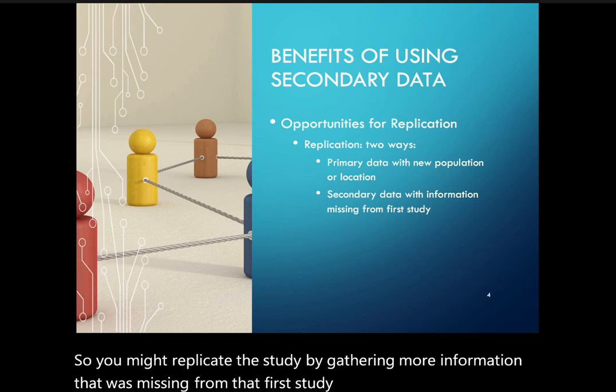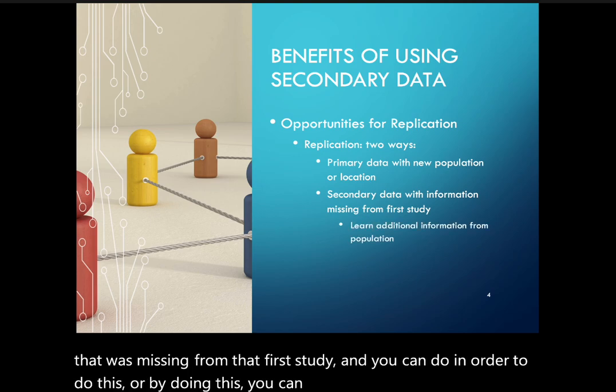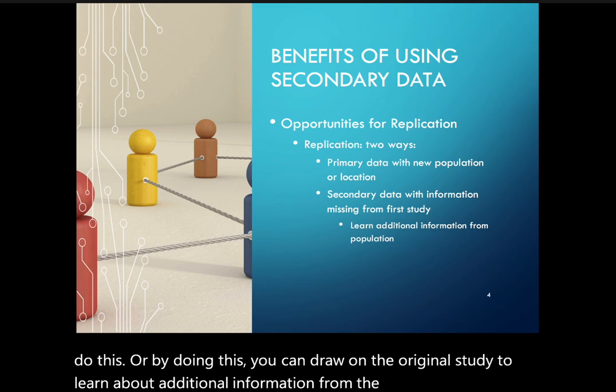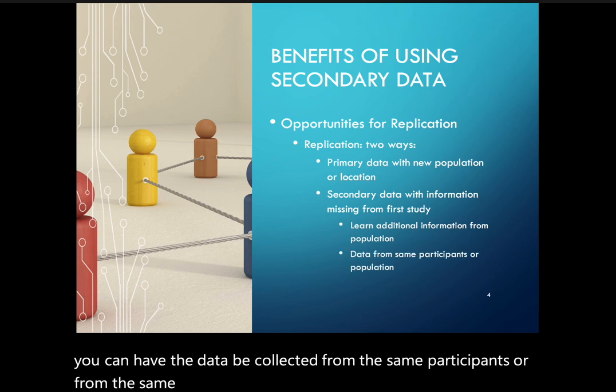And by doing this, you can draw on the original study to learn about additional information from the same population, or you can have the data be collected from the same participants or from the same type of population.